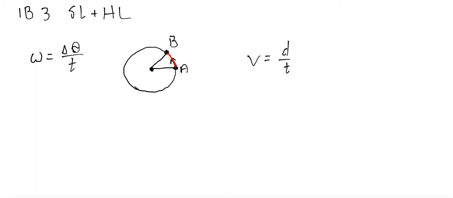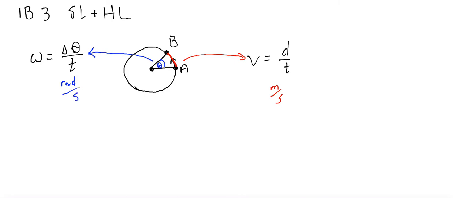Okay, so the object's linear speed will be given by the length of the arc, d, the distance traveled, in time. In the case of angular speed, it will be this angle covered by the object. Linear speed is expressed in meters per second, and angular speed is expressed in radians per second.